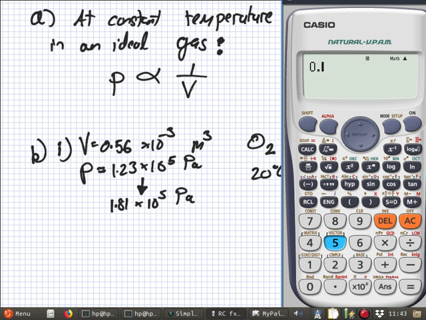So according to Boyle, the volume should decrease by the same amount. So if you take your volume and then divide it by that number I just got, you can now have the reduced volume.